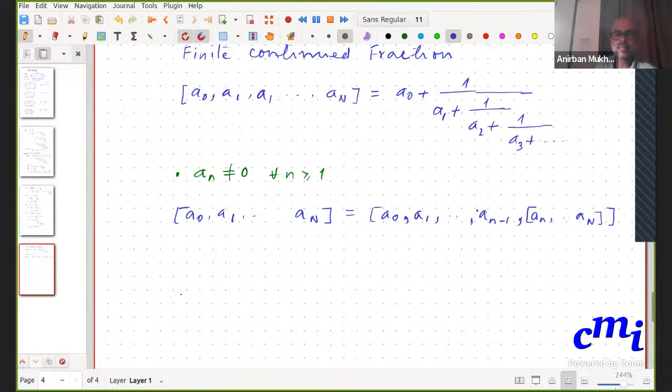I can write it like this, and so there are two notations, two names. So A0, A1 to AN, this is called the nth convergence, and this is called nth partial quotient.